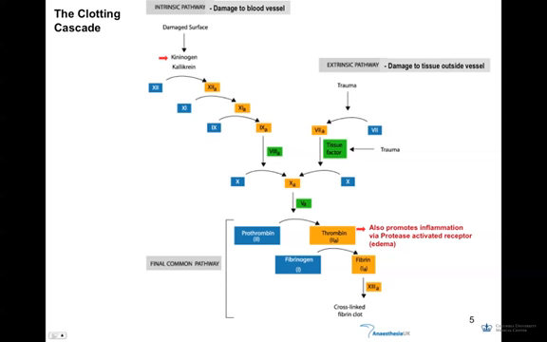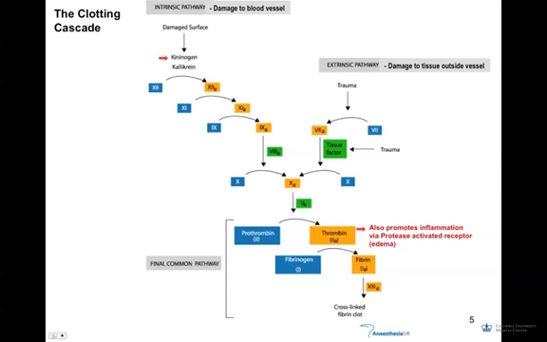Okay? So no matter what triggers the clotting cascade, the outcome is obviously producing a blood clot. But the key step in producing that blood clot involves the conversion of the inactive version of a protein called prothrombin into active thrombin, because thrombin is the final key enzyme that actually produces the blood clot.